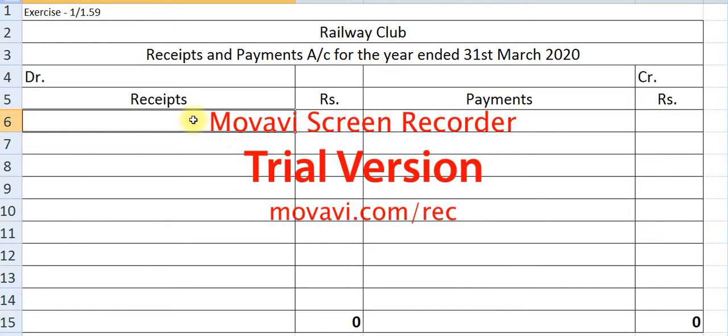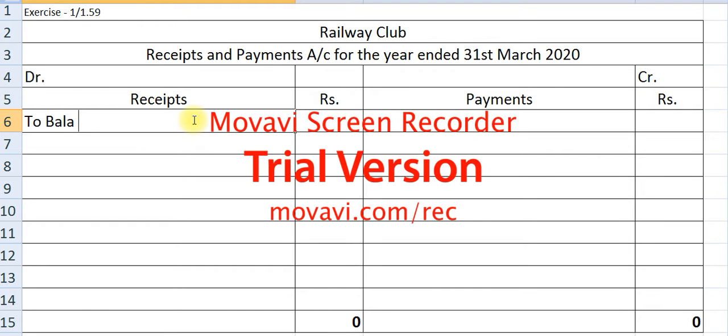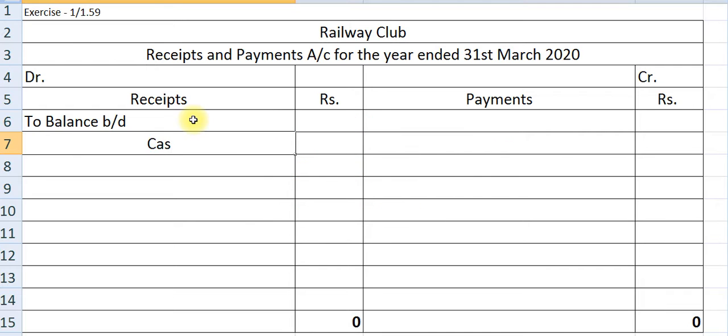So this account will always begin with opening balance. Balance drop down under that, cash.